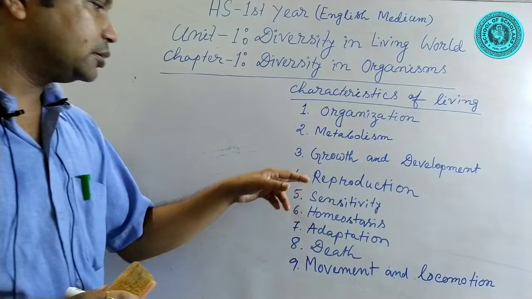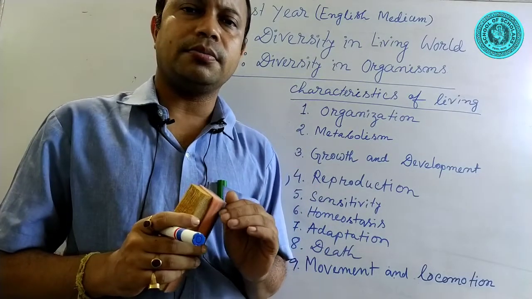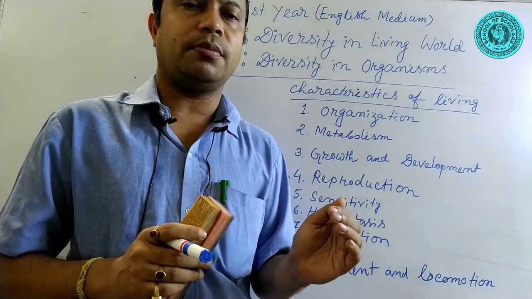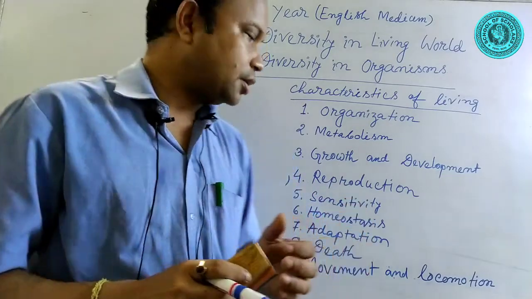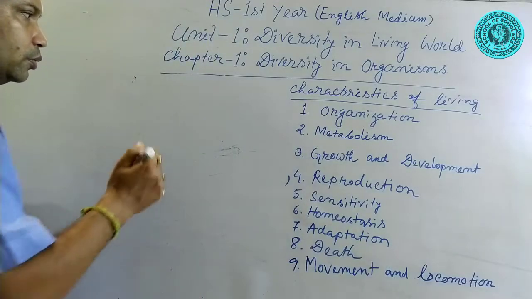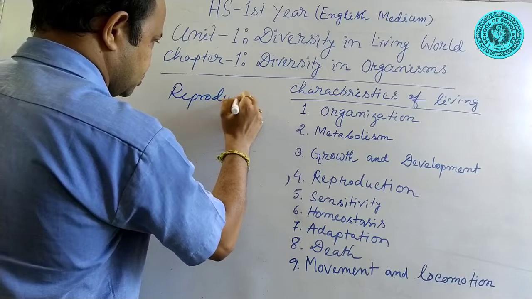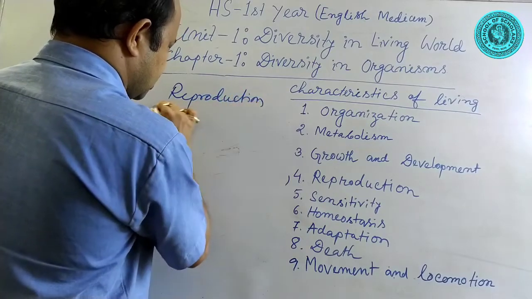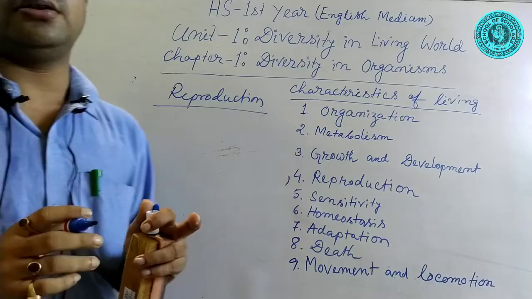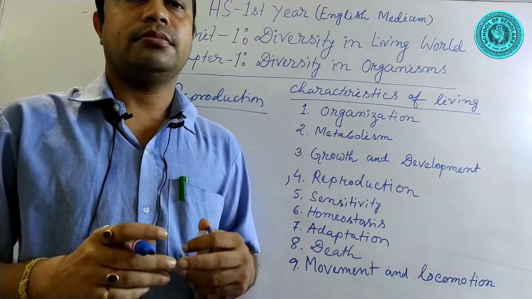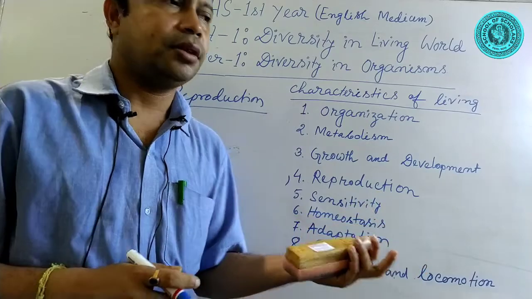Next one is reproduction. Reproduction is the process of development of individuals from their pre-existing individuals. There are mainly two kinds of reproduction. Reproduction means the process of development of individuals from their pre-existing parent individuals.